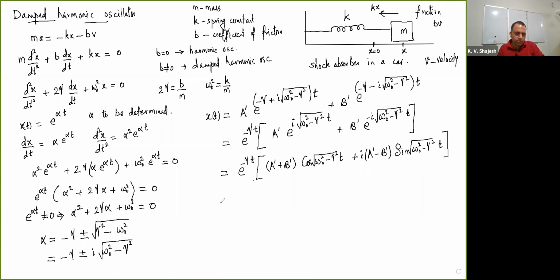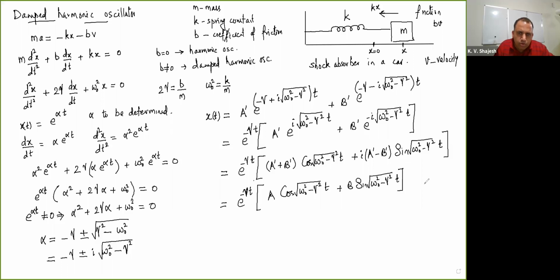So just erasing this part so that I make some room for myself. And I can write the solution as, which is what we will use, exponential of minus gamma t, and you have a times cosine of square root of omega naught square minus gamma square t plus b times sine of square root of omega naught square minus gamma square times t, where we used the notation a is equal to a prime plus b prime, and b is equal to i times a prime minus b prime.